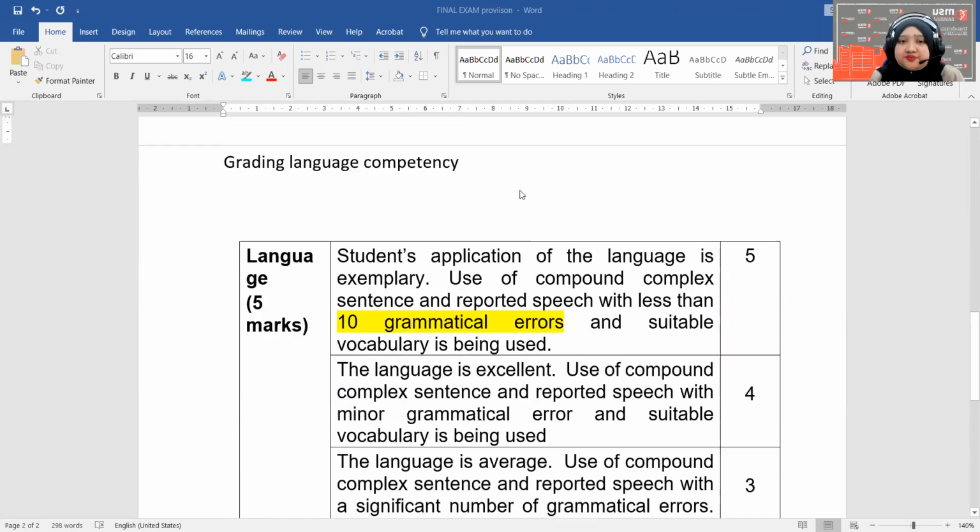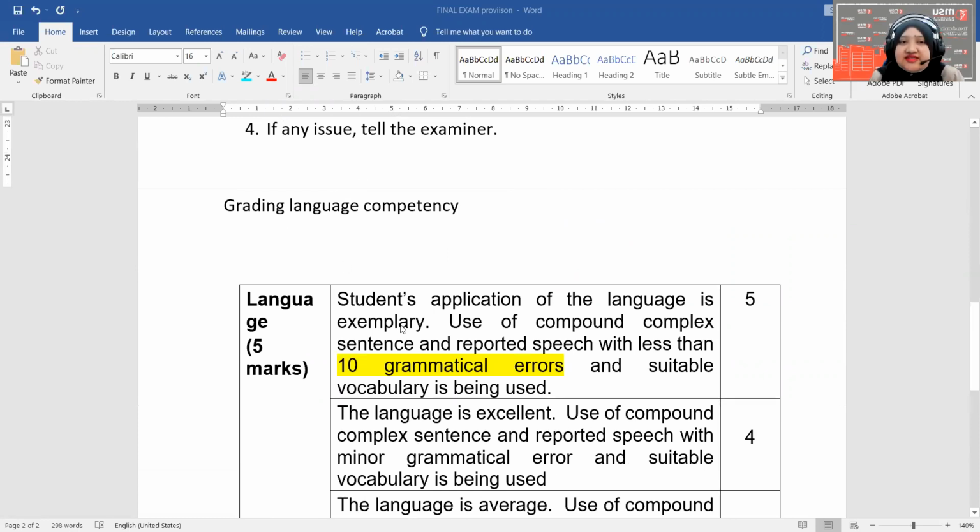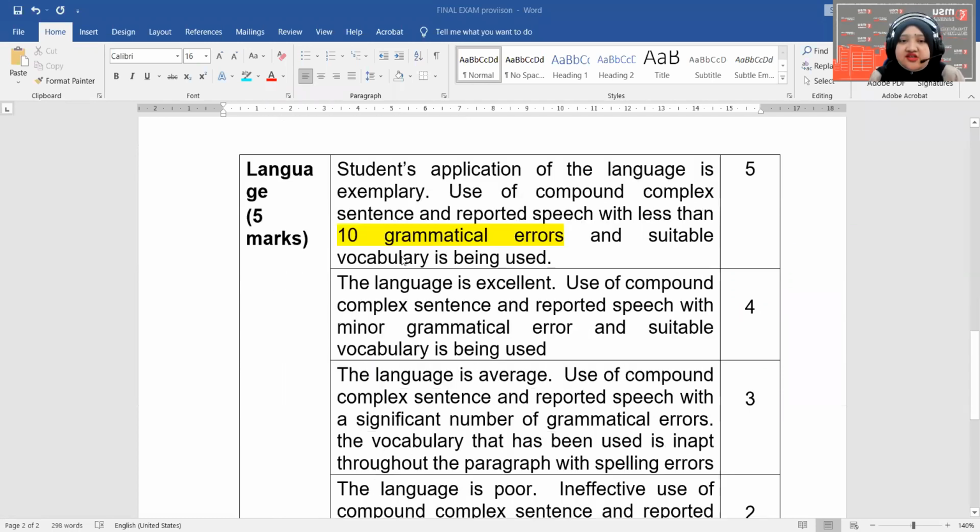In general, the grading of language competency is definitely taken into account besides the points that you earn. So throughout your answer, if there are a maximum of 10 errors, including capitalization, no comma, no full stop, or misspelling, past tense, present tense, and then grammar, language, sentence writing in general, anything pertaining to erroneous things, up to 10, then minus 1.